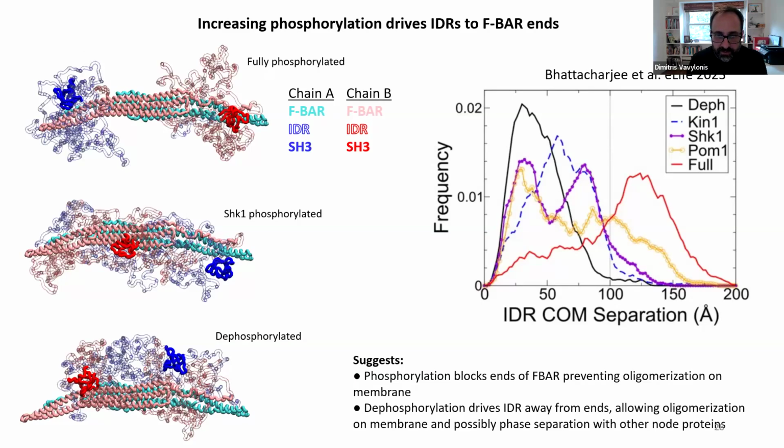So the loss of the charge by phosphorylation makes these disordered regions less interested in the positive charge near the end of the F-bar, and more interested towards each other. So they can also extend more; they become more extended in size.